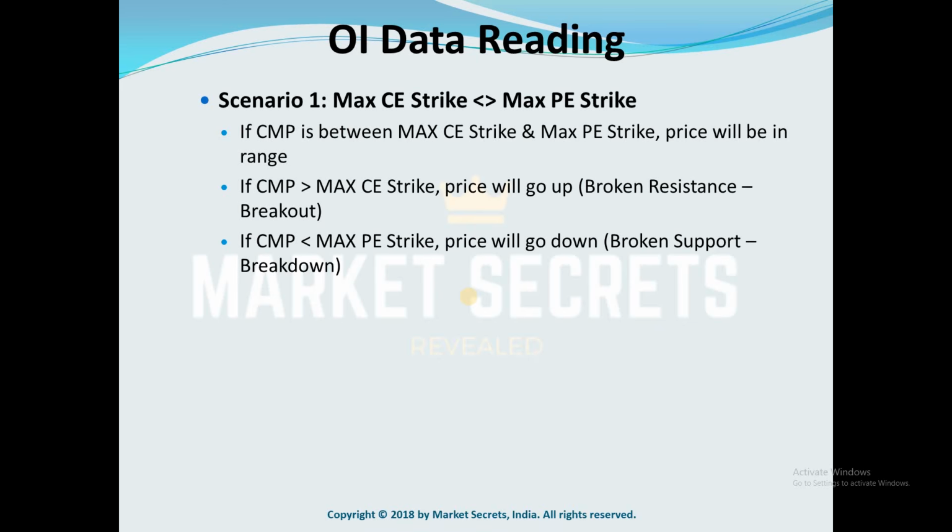So let's see the next condition. In case the current market price is less than the max PE strike, then the price will go down. This indicates the price has already broken the support, so it will continue to go down.